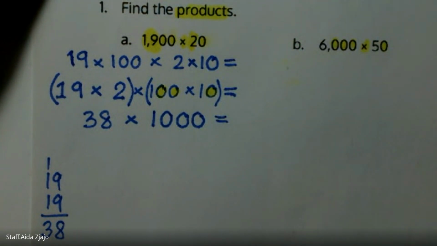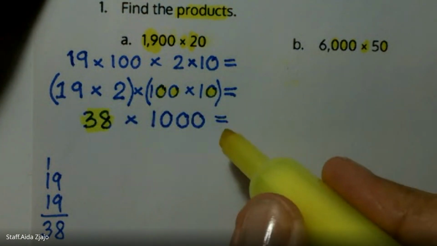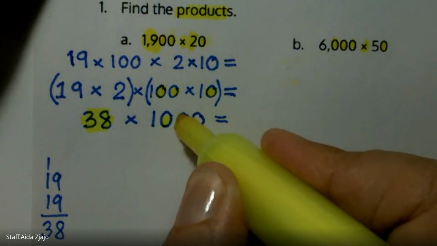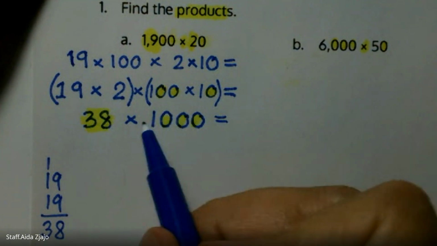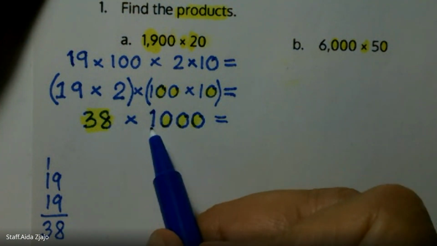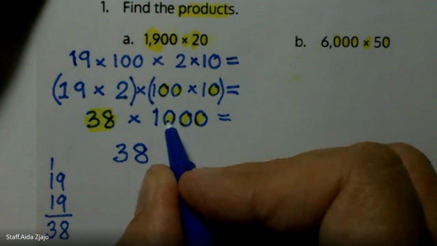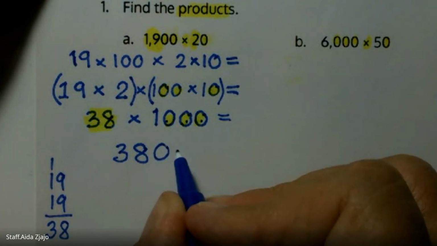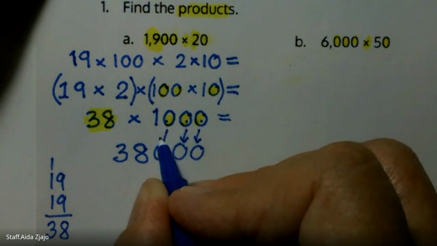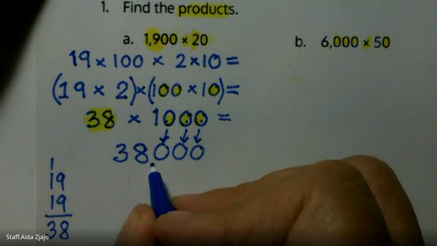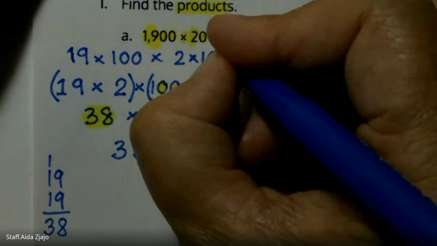Now you have the whole number 38 multiplied by a multiple of ten. So you can say just 38 times 1 is 38, and then you're going to add these 3 zeros, which will represent 38 thousand. So 38,000 is our solution for this problem.